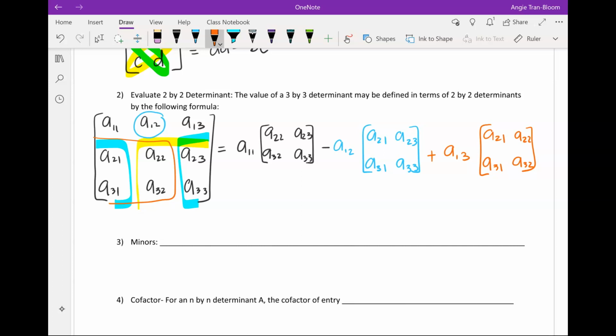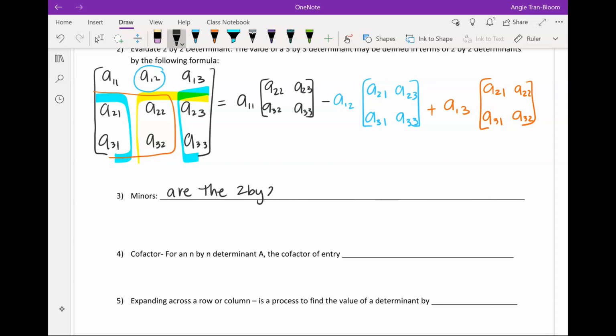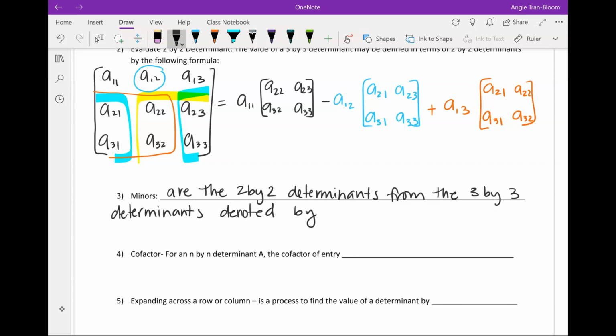Okay, so the minors are the 2 by 2 determinants from the 3 by 3 determinants, denoted by Mij.